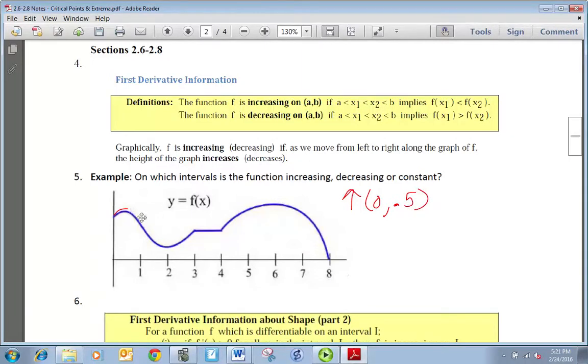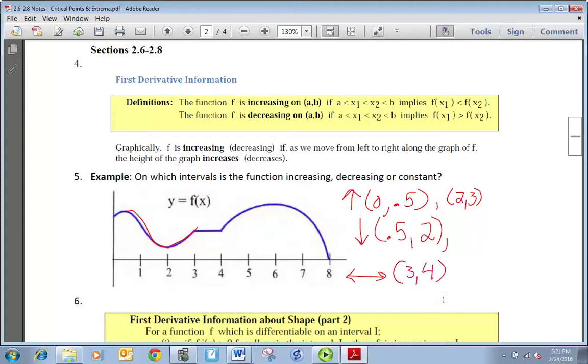And then from 0.5 down to about 2, we're decreasing. And then we're going to increase again from 2 to 3. And then we're going to be constant on the interval from 3 to 4.